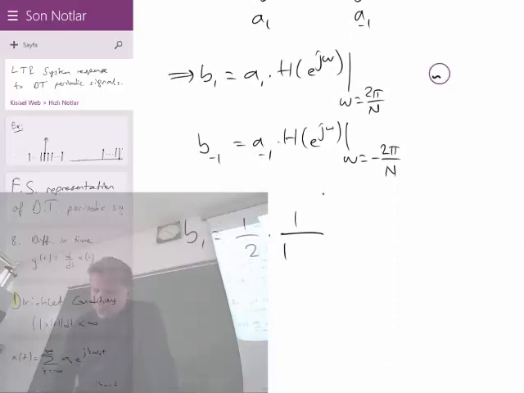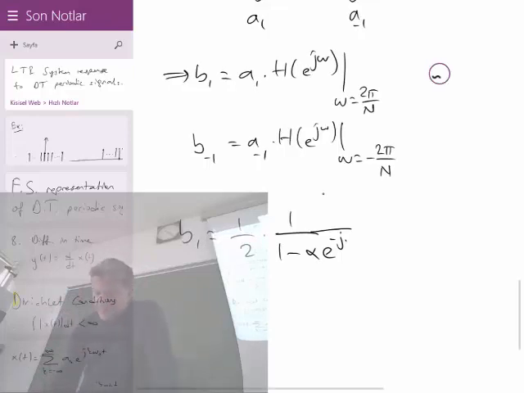Of course omega must be equal to the current omega, which is 2 pi over capital N. This is B1.